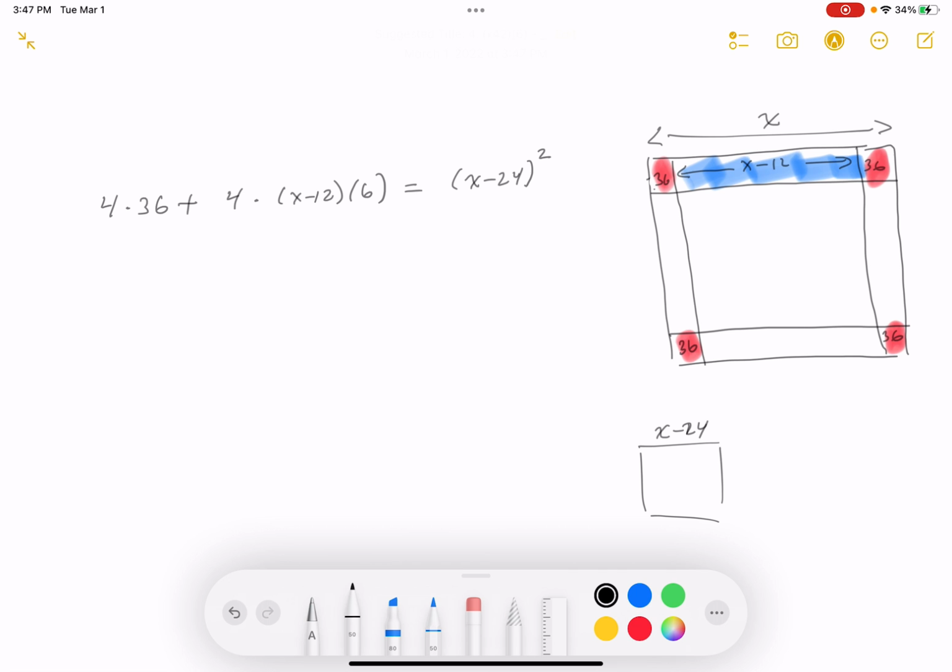This is 144. Let's see, you get 24x. And 24 times 12, that's 240 and 120, 360. I've got to check myself. 4 times 36, 120, 24, 144. 24 times x is 24x. 4 times 6 is 24.